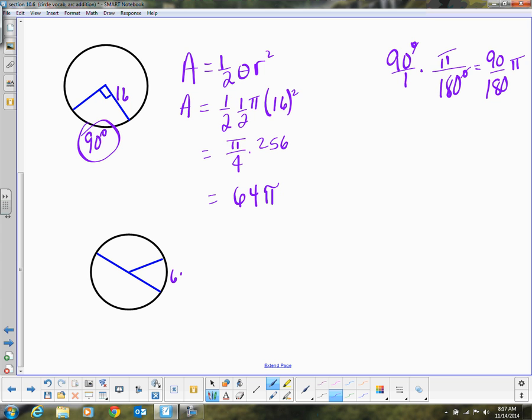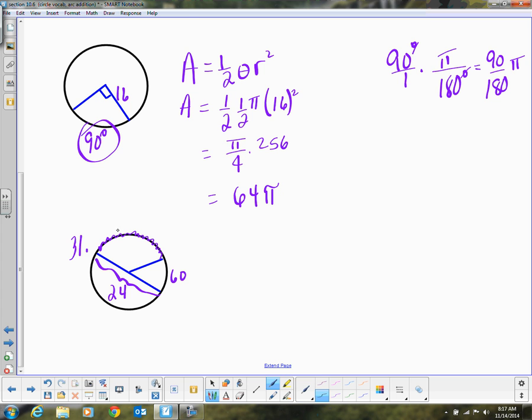This is 60, but we want the length of this arc. This is number 31, and they told us that this is 24. So the arc I have has no measure, and I do not have a radius.